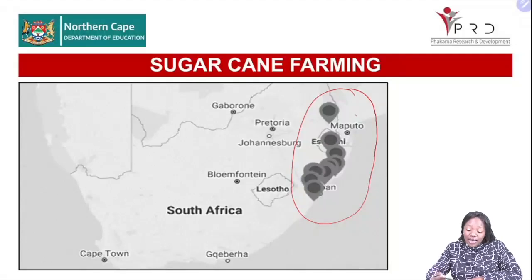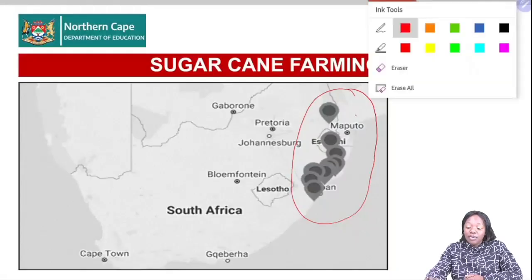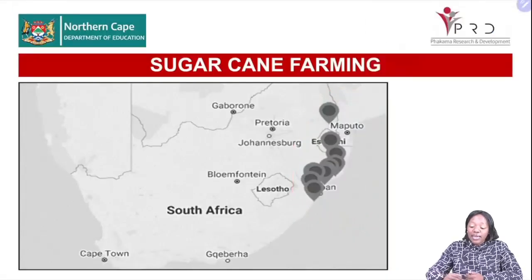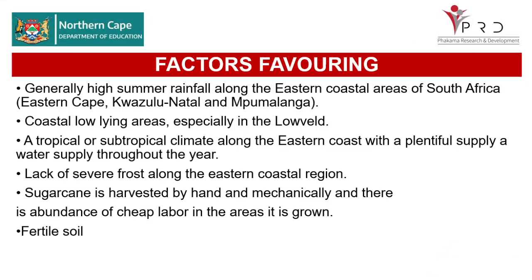Then inside the country, KwaZulu-Natal is the major sugarcane farmer, as well as Mpumalanga. So these are the only areas where sugarcane is found. From these areas, it becomes a South African product that can be exported to different countries.